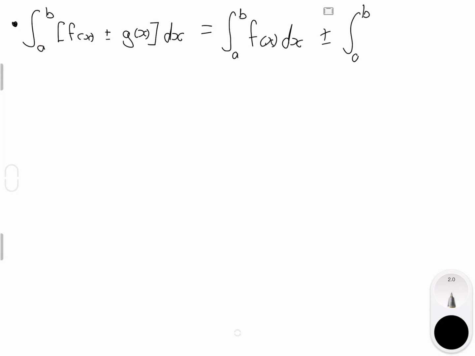Alright, so hopefully you've got those written down, and if you haven't, rewind the video and get those written down. The final one that we're going to go through is: if we've got one function plus or minus another function with respect to x, then we can actually split them out into 2 different integrals.